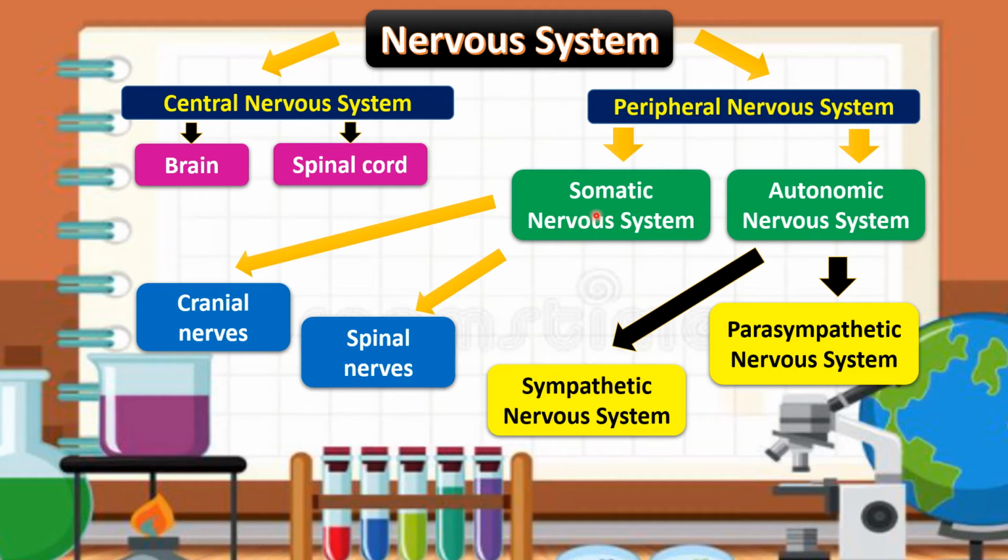We have the somatic nervous system and the autonomic nervous system. Under the somatic nervous system, we have the cranial nerves and the spinal nerves. Then under the autonomic nervous system, we have the parasympathetic nervous system and the sympathetic nervous system. So this is how the nervous system is organized.